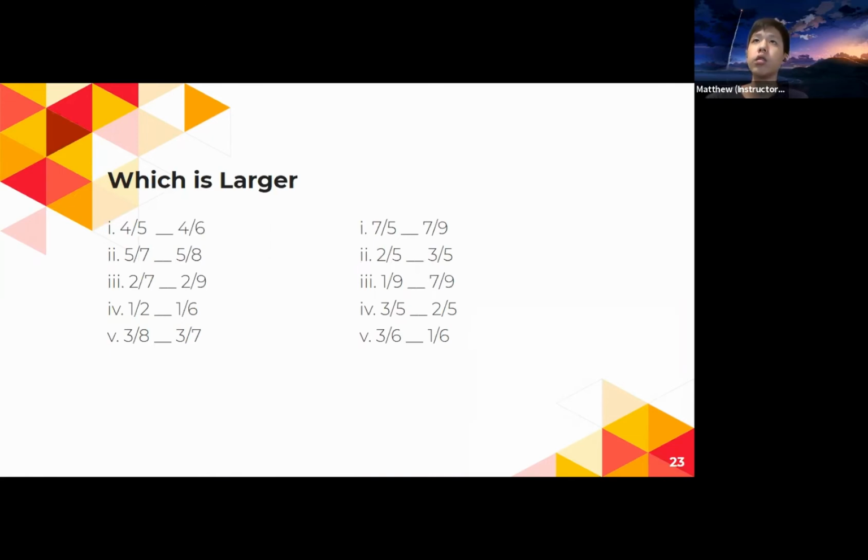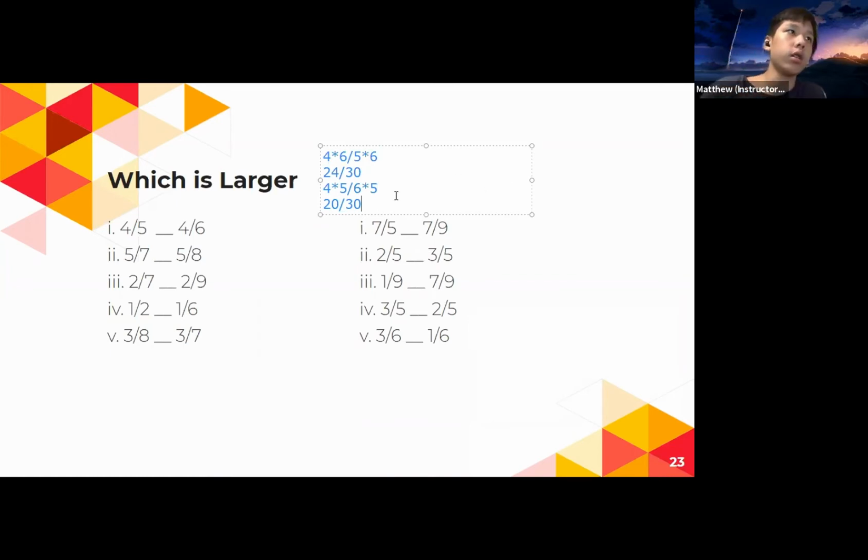You can easily compare them if you get them to equal denominators. You see that 4 times 6 over 5 times 6 is equal to 24/30, while 4 times 5 over 6 times 5 is equal to 20/30. So both are over 30, and you know that this one must be bigger because it has more slices out of the total.